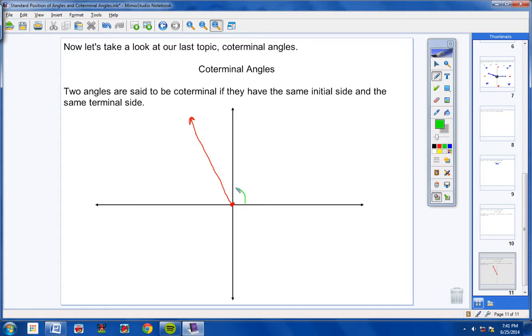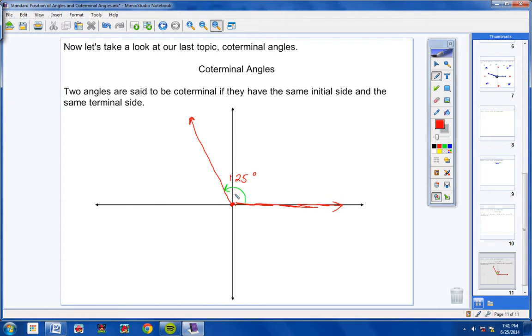Let's call this angle 90, we'll say 35, we'll call this 125 degrees, okay? I want you to find one positive coterminal angle for 125 and then find one negative coterminal angle for 125. Well, let's find the positive angle first, okay?